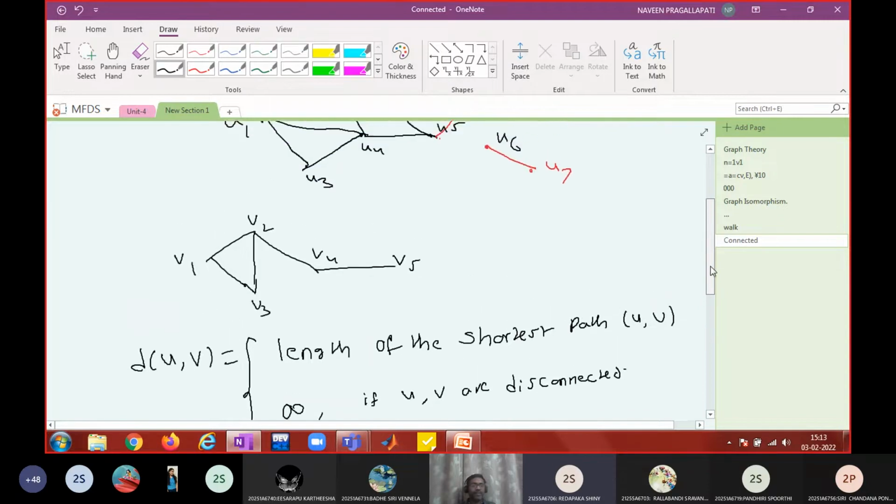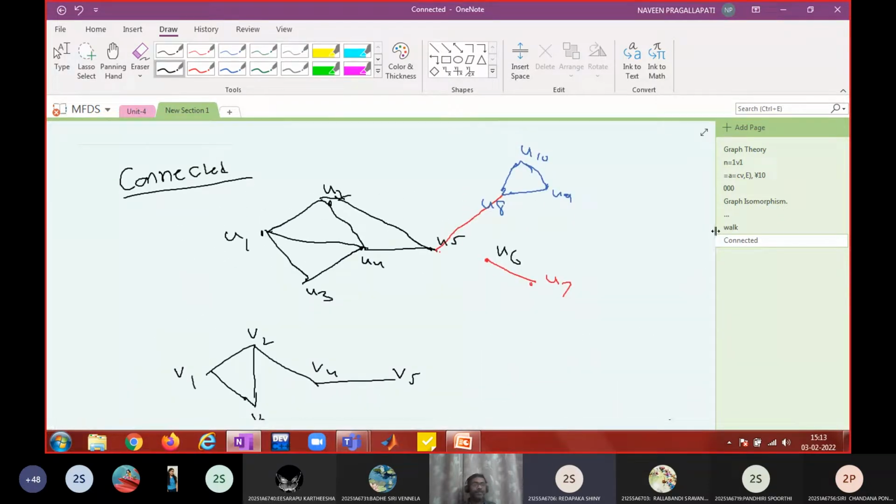Okay, so in this graph, what can be the distance from u1 to u9? Can you tell me? 4, sir. Distance is the minimum number of edges taken to reach, right?